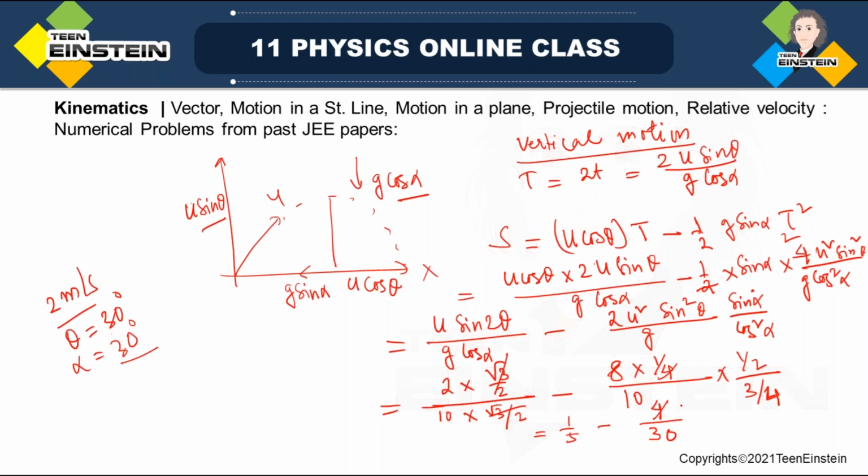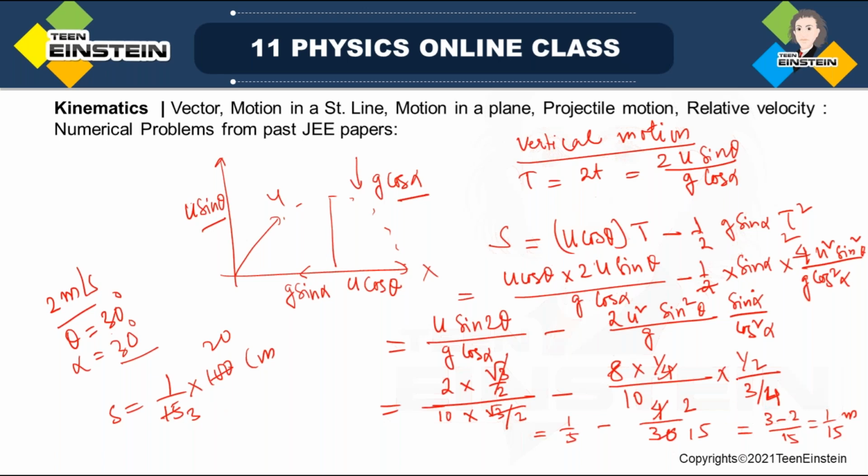Okay, so we can further simplify 2 by 15. Now 3 by 3 minus 2, LCM if we do by 15, so 1 over 15. So this is meter. Now if you multiply 100 with this to make it centimeter.